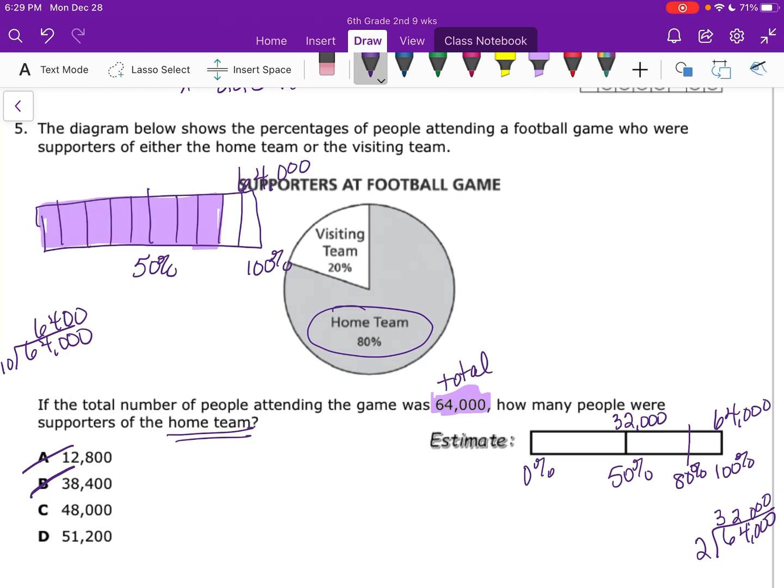So in each one of those is going to be 6,400. So I'm going to say 6,400 times, how many 6,400s are in that purple shaded? It's 8. 48, 49, 50, 51.